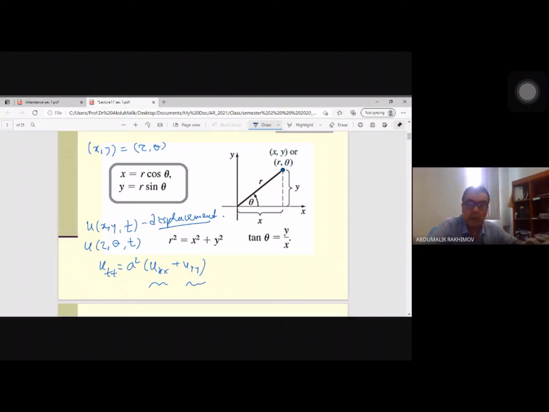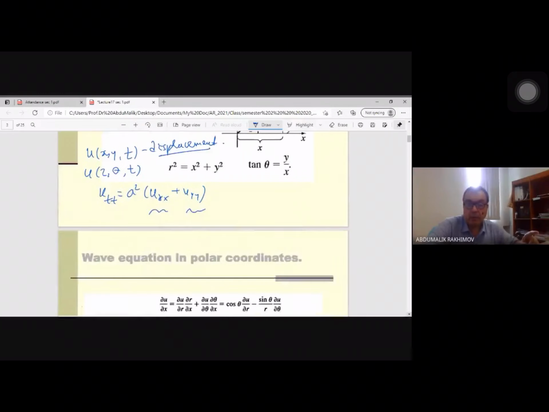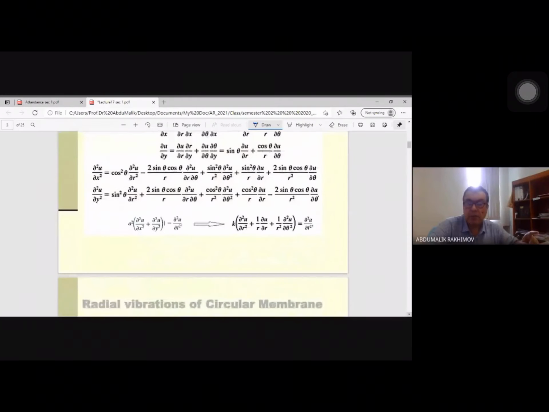In the corresponding lecture, I don't remember the number, when we considered heat conduction in a circular plate, we found u_xx and u_yy. I will just remind you of the formulas. They were very long formulas using the chain rule. We find u_xx, we find u_yy, right? Using just the simple chain rule.